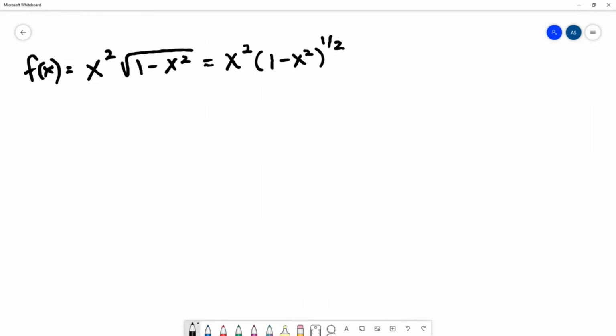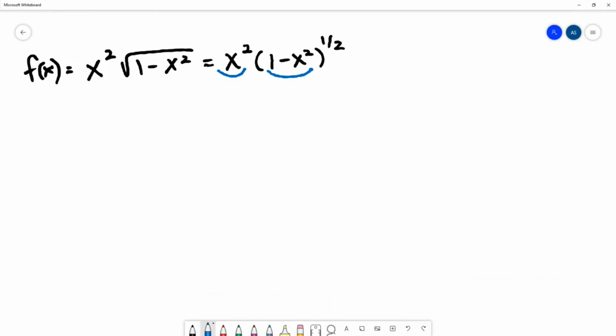So now I'm ready to calculate the derivative, and I'm trying to decide what overall pattern I'm going to use. Something that can help you decide is to think about x being a number and what order of operations you would use to calculate that expression. I would calculate x squared inside the parentheses and do that subtraction.